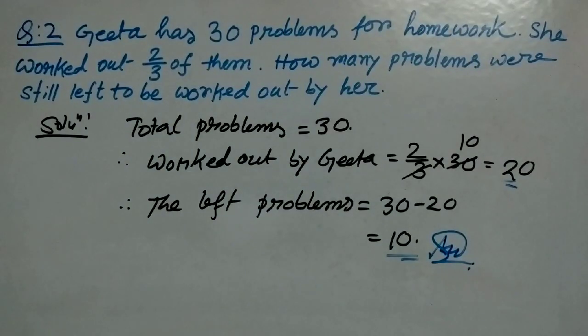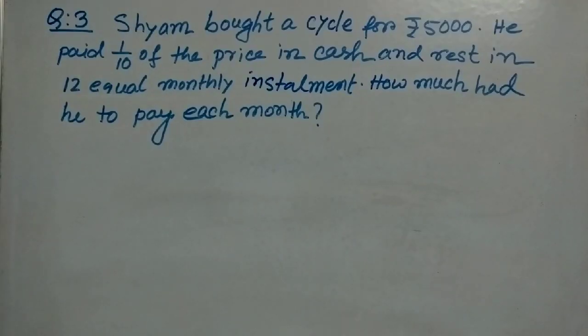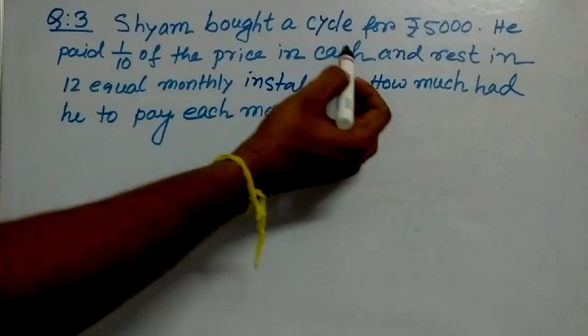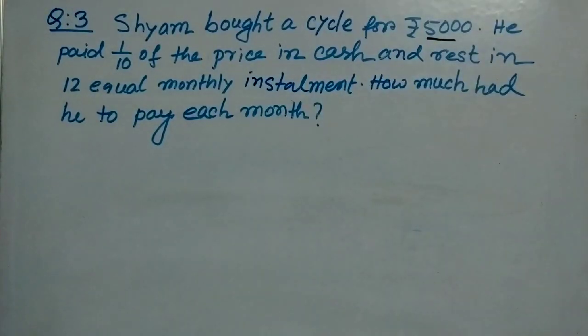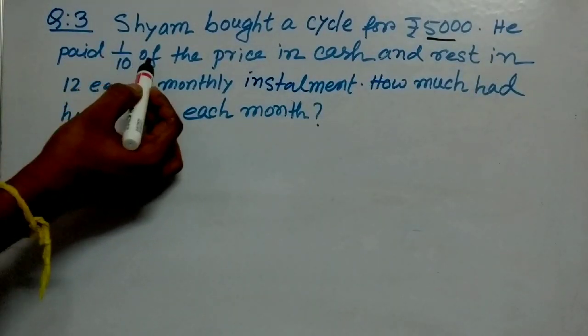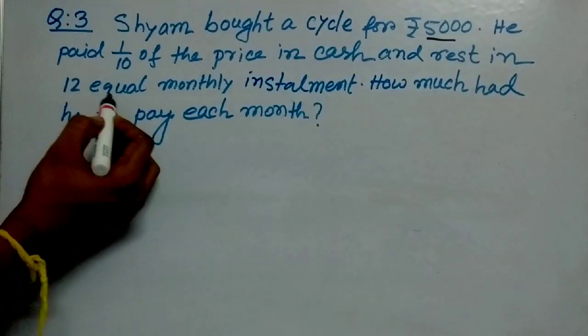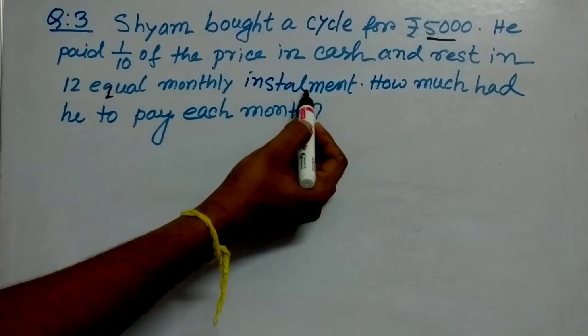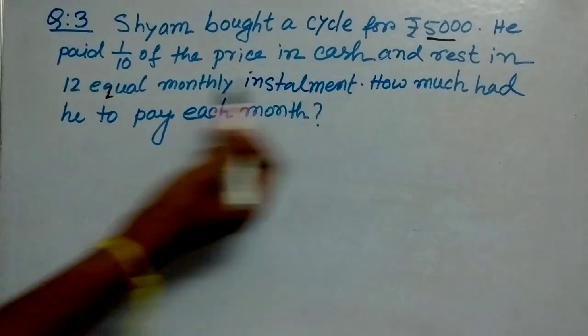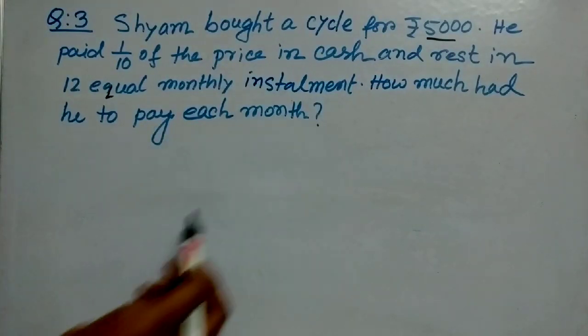and that is the answer. Problem 3 says that Shyam bought a cycle for rupees 5,000. He paid 1/10 of the price in cash and rest in 12 equal monthly installments. Now how much had he to pay each month?